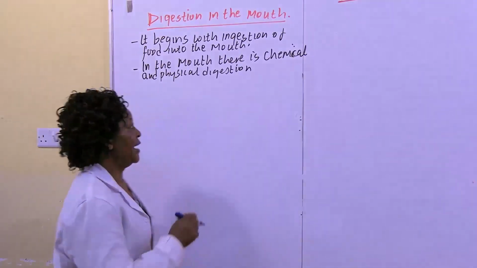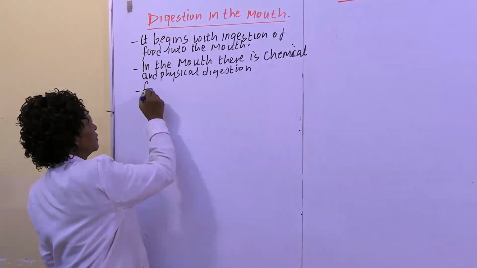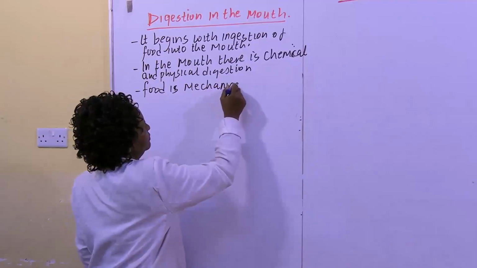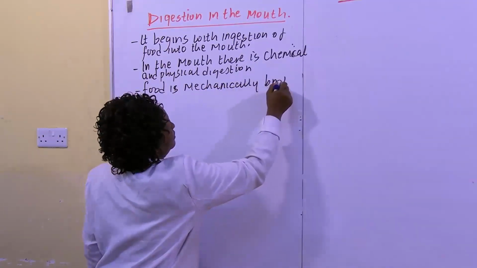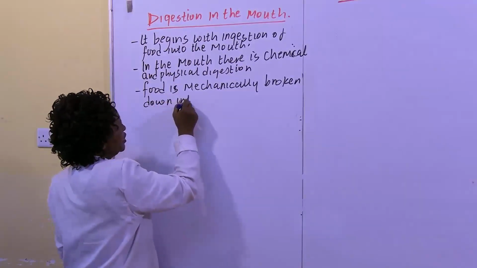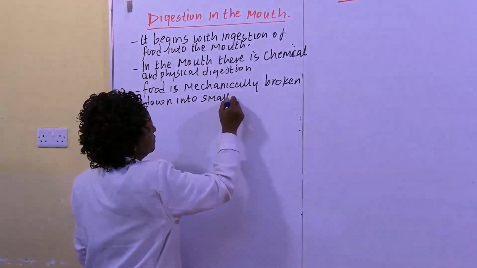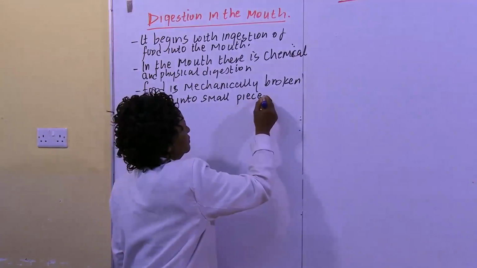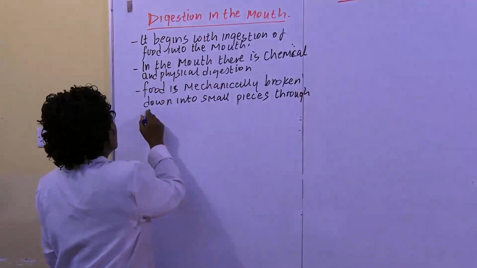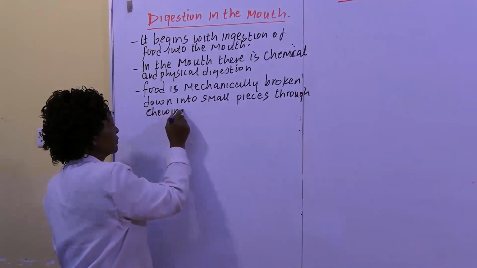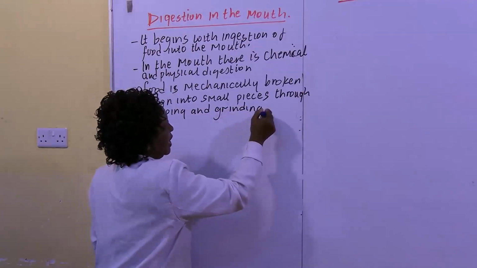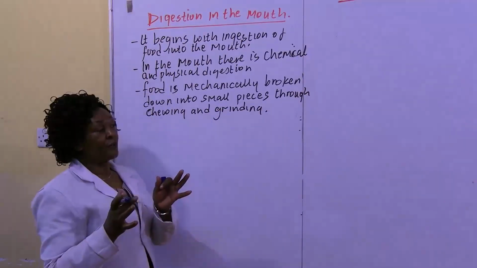So in the mouth, the food is mechanically broken down into small pieces through chewing and grinding, and this is by the use of the teeth.